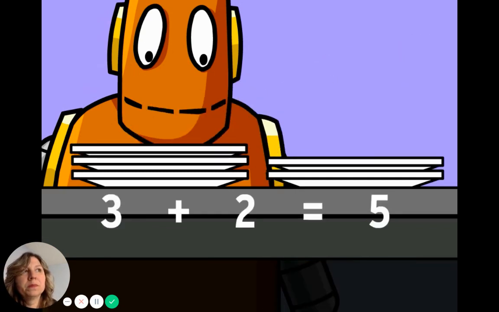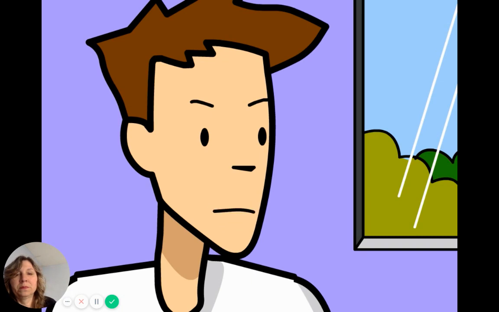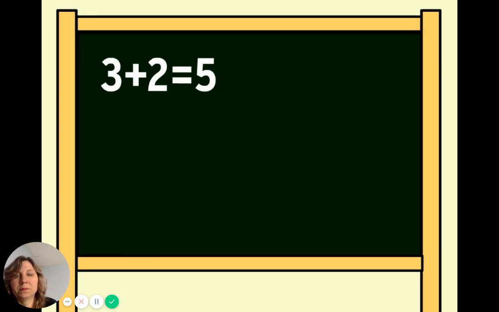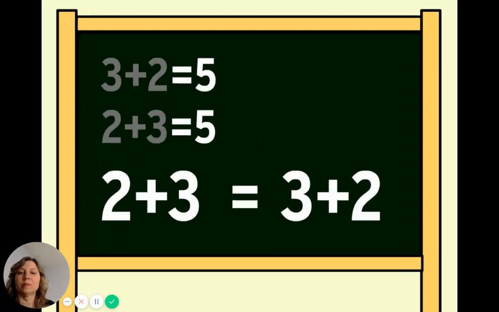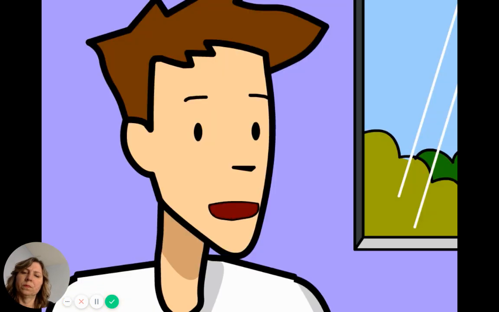Now we've got 3 plates plus 2 plates, and that also equals 5. What do you mean this is baby stuff? You're the one having a tea party. Besides, I'm trying to make a point. If 3 plus 2 equals 5, and 2 plus 3 also equals 5, then 2 plus 3 must equal 3 plus 2. The order of the numbers doesn't change the sum. That's the commutative property of addition.